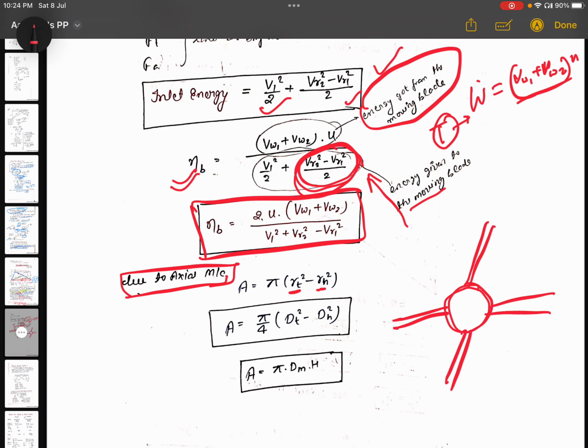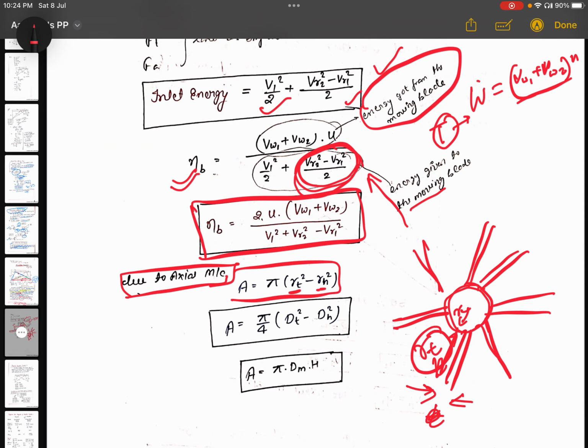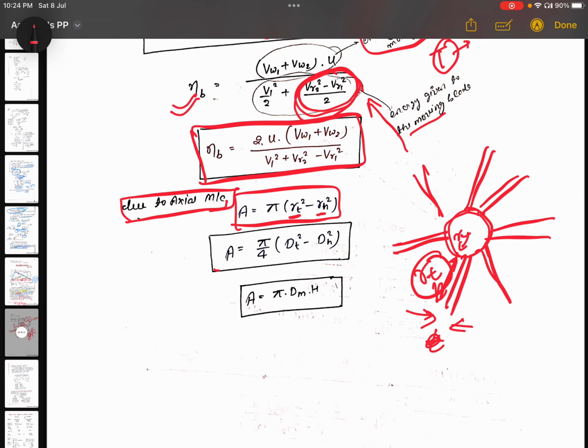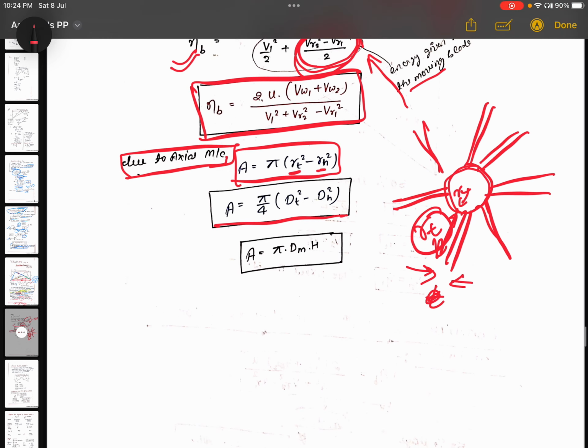So this is RT, the radius of the blade, and this is the radius of the hub. The effective area will be pi (RT square minus RH square), or pi by 4 (DT square minus DH square), or the area will be pi Dm h. Here Dm is the mean diameter.